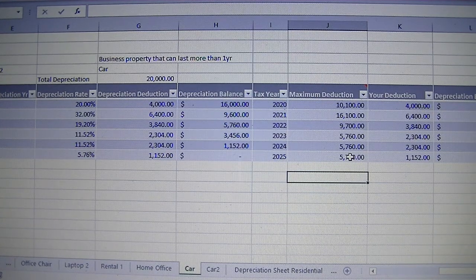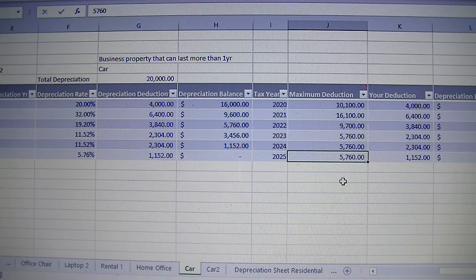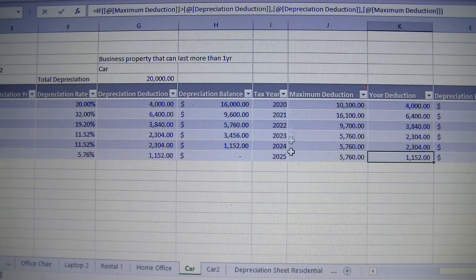In that case, the amount you claim in year 6, whichever is less between the maximum and the depreciation deduction, you'll continue to claim year after year as long as you keep using the car 100% in your business, until you recover the full basis for depreciation of the car, or until you stop using the car in your business, and you stop depreciating it as well.